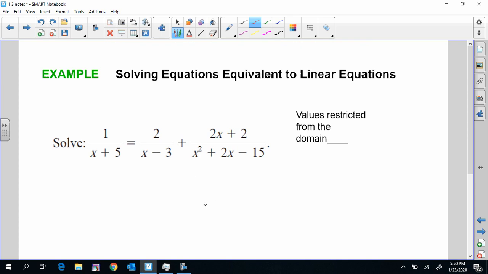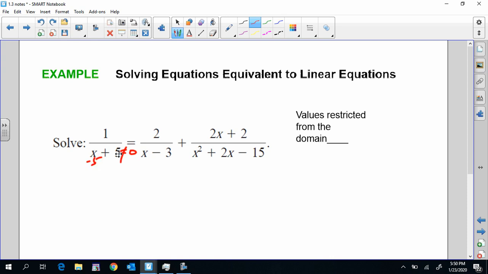We can extend that logic and use what we learned in Chapter B, but this time, when I look at these rational expressions making a rational equation, we realize that x cannot equal 0. No, x cannot equal negative 5. Bring the 5 over.